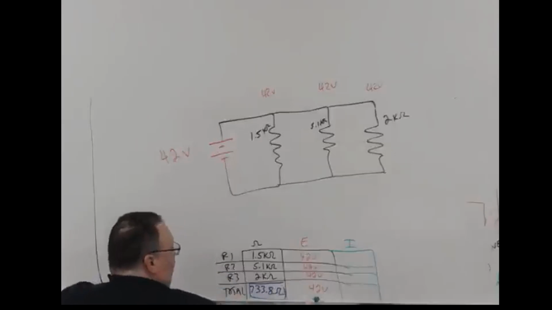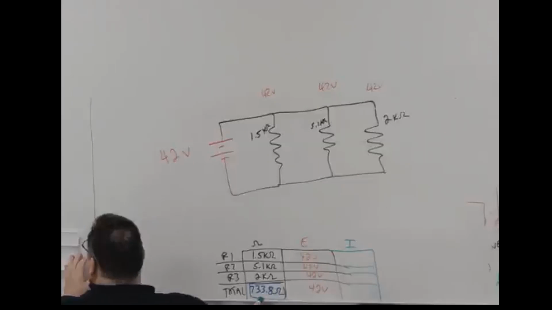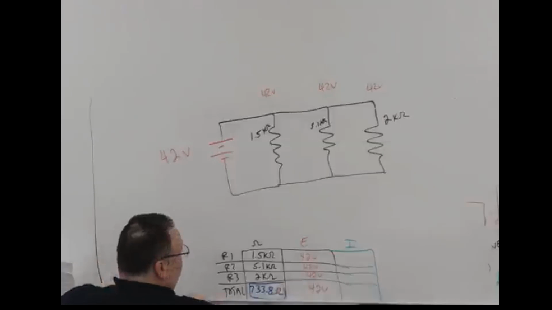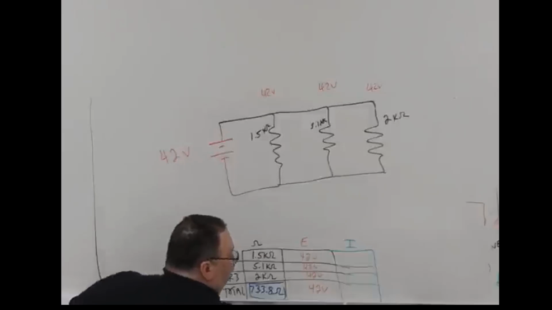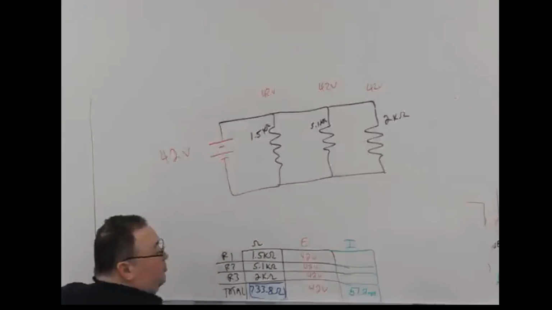If I have a total of 42 volts and a total equivalent resistance of 733.8 ohms, what is my total current? 57.2 milliamps.